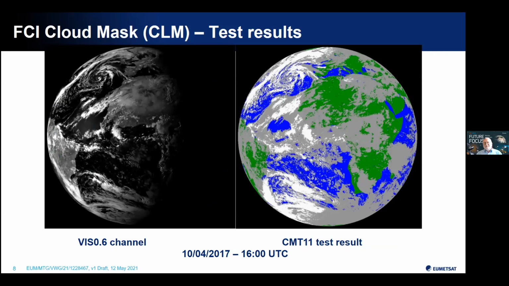In this case, we have on the left side the 0.8 micron channel test result, which is applied over ocean only. The 0.6 micron channel is applied over land only. This is to enhance the contrast, because over land the reflectance of land surfaces is lower at 0.6 than at 0.8.